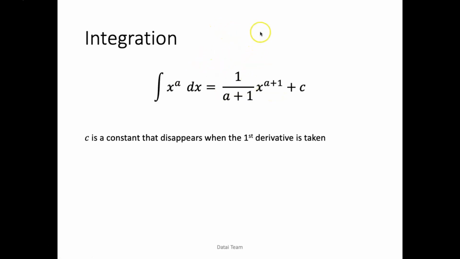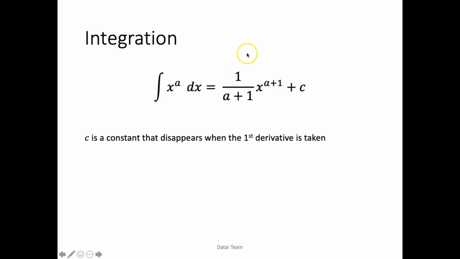Let's look at the integral of a simple function like x to the power of a. We know that when we take the derivative, we lower the power by 1 and multiply it with the power itself. So when we take the integral, we do the opposite. We add 1 to the power and divide the whole function by that power.